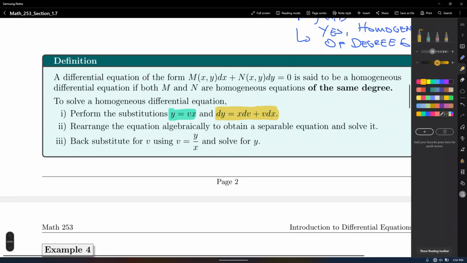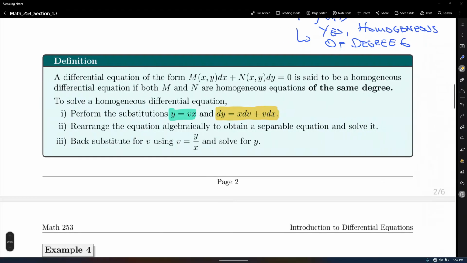And then, at first it's going to look like a big mess, by the way. However, then it's going to turn into a really nicer equation. You'll see. Okay? And then we'll rearrange the equation algebraically to obtain a separable equation.